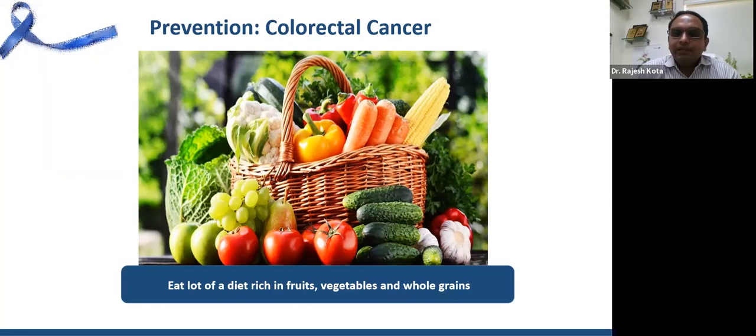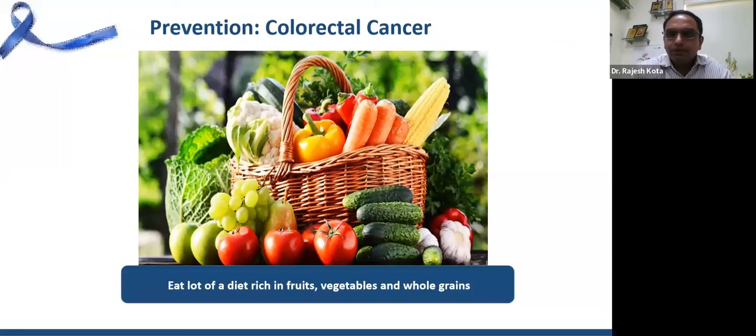We can eat a diet rich in fruits, vegetables, whole grain, and fiber, so that our bowel gets emptied at regular intervals, and making sure that bacteria and other gut bacteria that are harmful for us, and which can cause colon or rectal cancers in the future, get washed away daily.